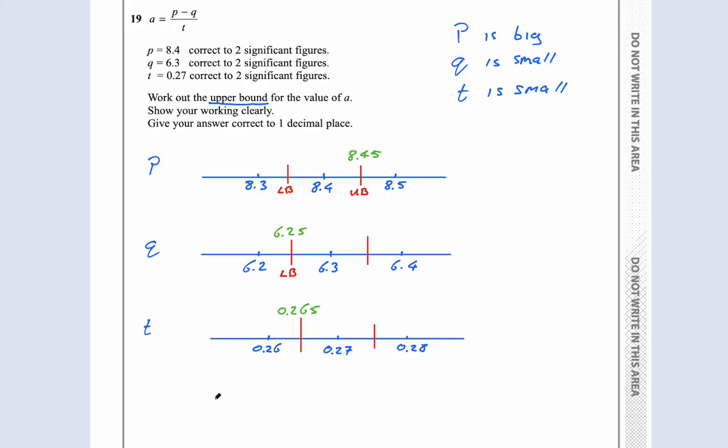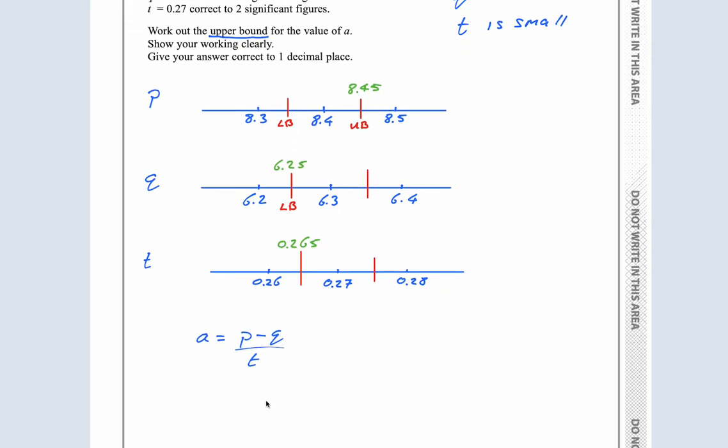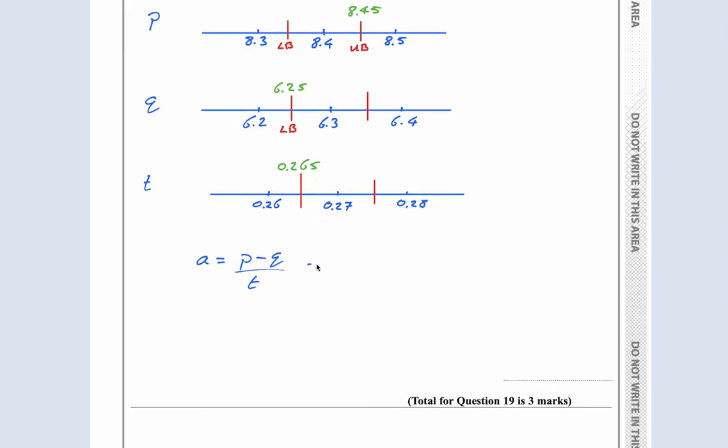And then I just say, okay, what's A then? Well, A is equal to P minus Q over T. And then I'm going to sub in these values. P is my 8.45. Q is my 6.25. And T is my 0.265.